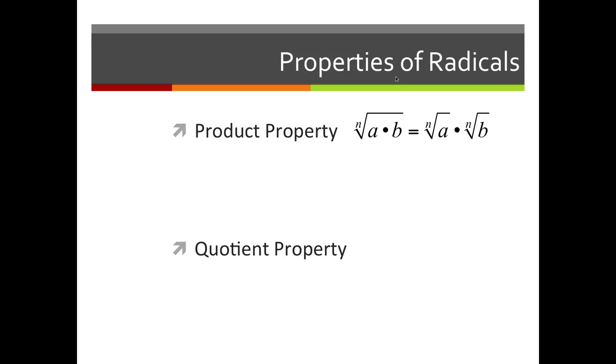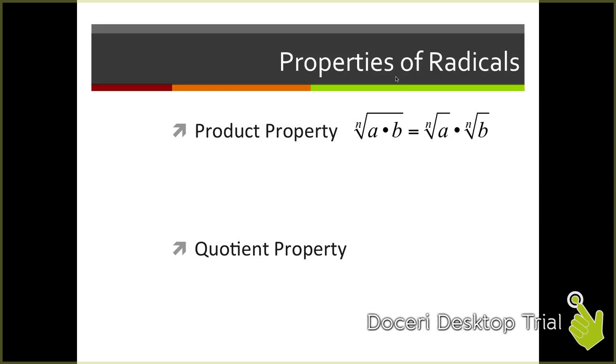Now, if you think about what that would look like if we wrote it as exponents, we would be saying that A times B, that product to the 1 over n power, is the same as A to the 1 over n times B to the 1 over n, which is exactly what one of our properties allows us to do.